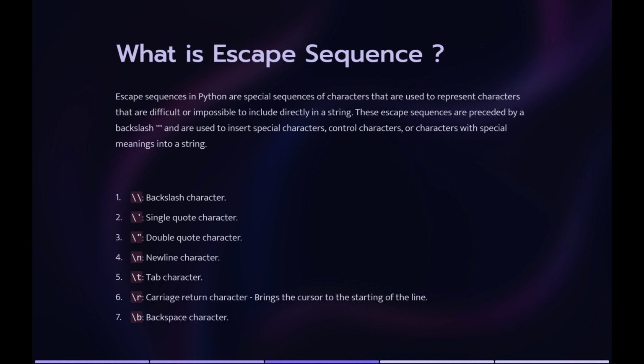Escape sequences always start with the backslash and the characters follow behind. So if I want to add a backslash, I'll be using 2 backslashes. For a single quote character, it's the same: first a backslash, then a single quote.